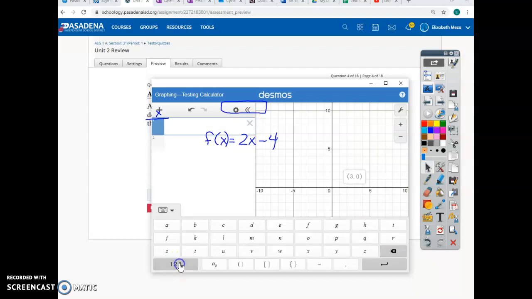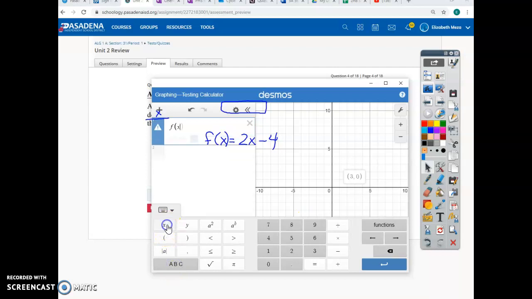F of x, so type it exactly how you see it, F of x, close parentheses, equal. We're typing this. 2x minus 4. Okay? And then we're going to type all those numbers.